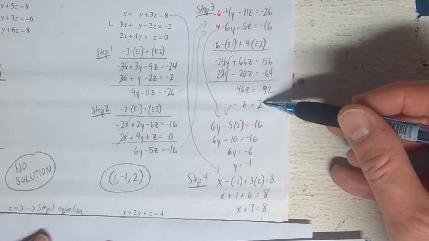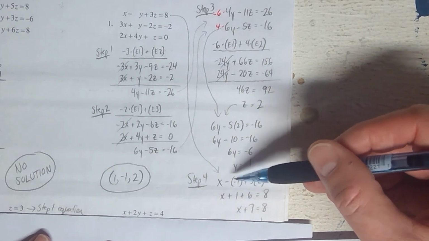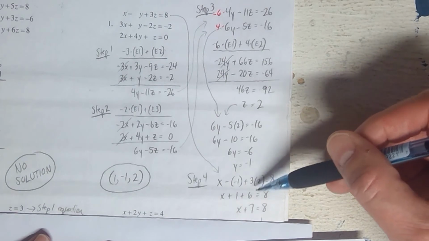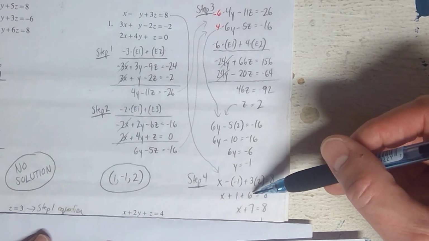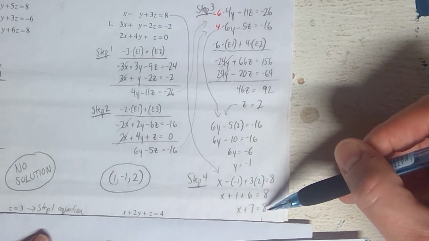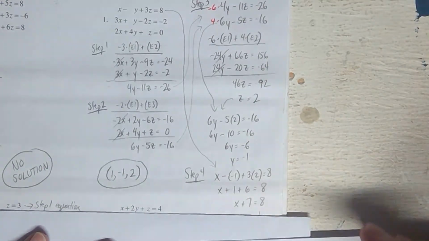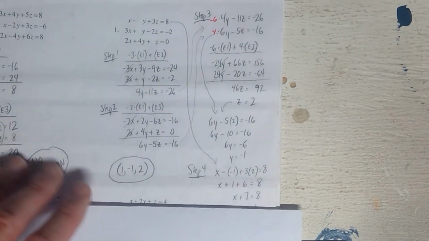Plug -1 and 2 into their respective spots there. -1 plus -1 times -1 is +1. And then the +6, as you can see right here. Combine like terms, move the 7 over. And final answer there for the x part anyway is going to be x equal to 1.